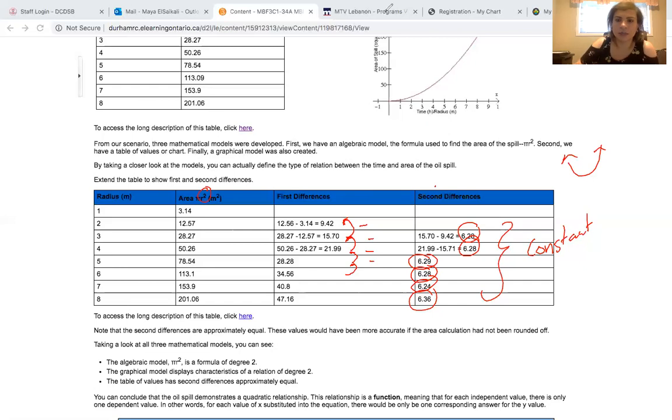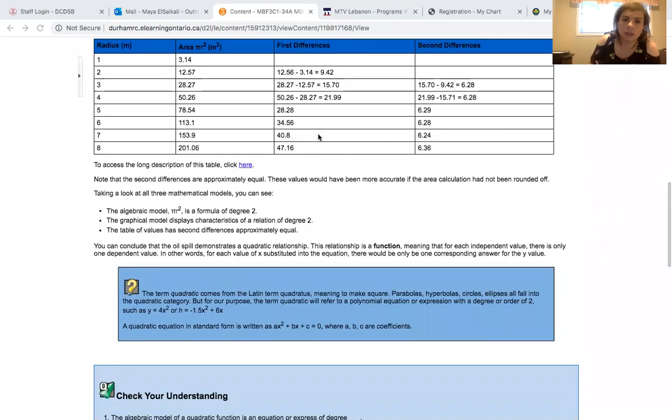Let me just clear this. So we have 3 mathematical models. And the 3 mathematical models are the equation, the graph, and the table of values. So the algebraic model is pi r squared, and it has a degree 2.